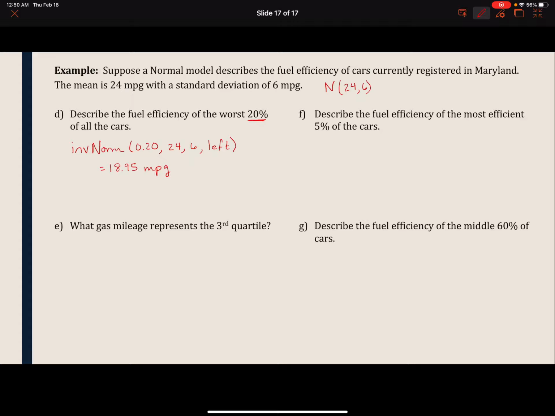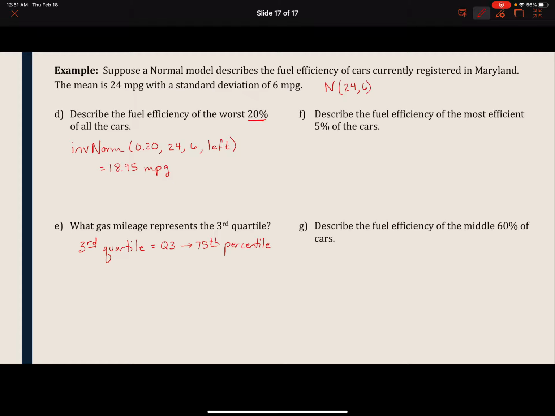For part E, it says, what gas mileage represents the third quartile? So remember that the third quartile, which is Q3, is the same as the 75th percentile. And that means the lower 75%.